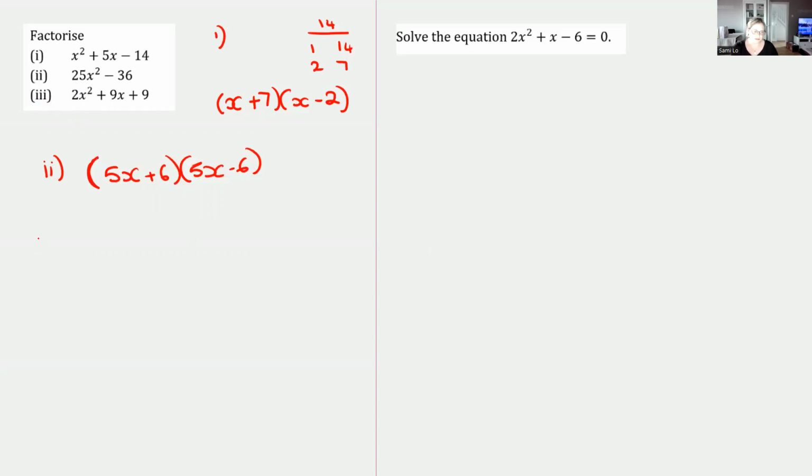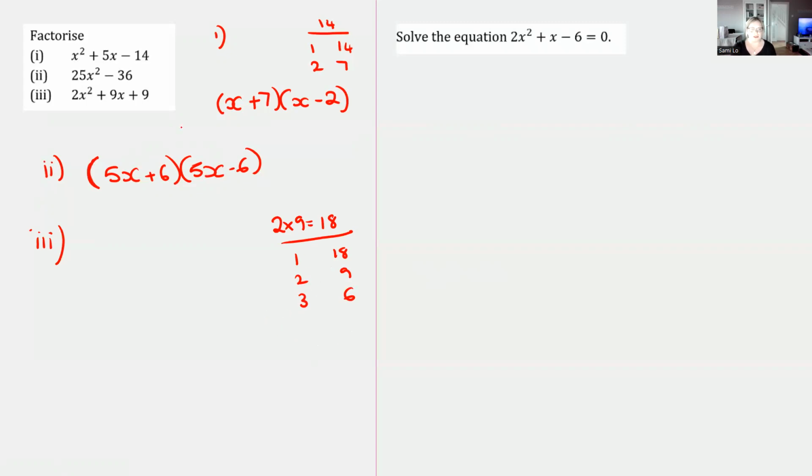And the last question. You can do this with a trial and improvement method, but my favorite way is a slightly different method that you'll use if you take maths further at A level. It's a great method to use. We're going to use 2 times 9, which gives us 18, and then write down the factors of 18: 1 and 18, 2 and 9, 3 and 6, and that's it.